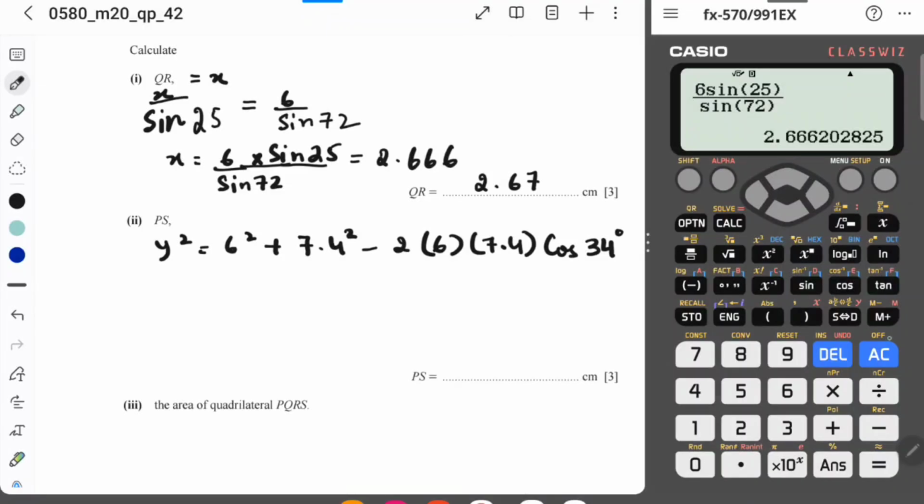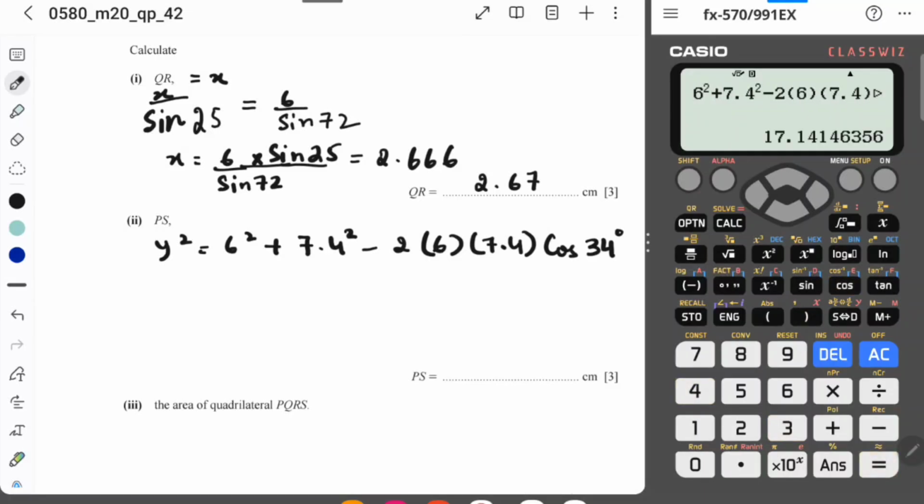By using the calculator, this is 6 square plus 7.4 square minus 2 times 6 and 7.4 and then cos of 34 degrees, and then bracket close also.